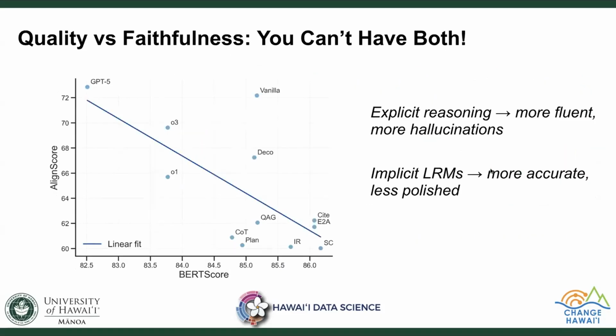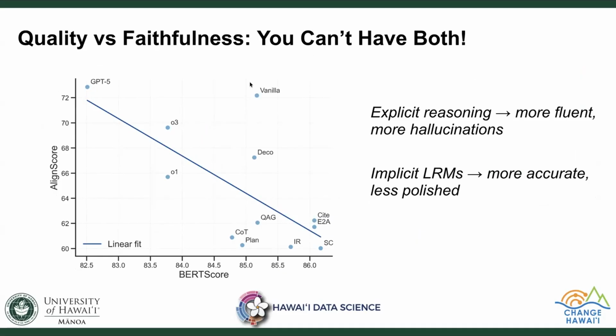Okay, so the second interesting finding is that we found a trade-off between quality and faithfulness. Doing a linear fit, we found a negative correlation between the faithfulness metric AlignScore and the quality metric BERTScore.